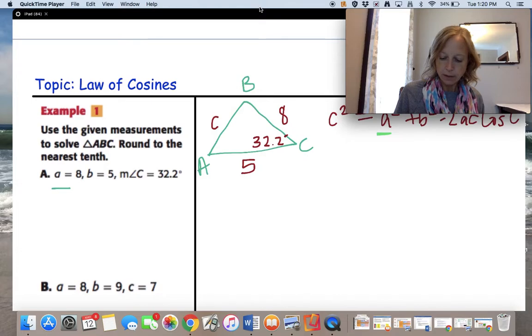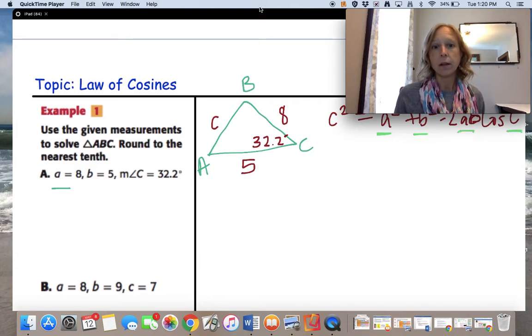We know our side length b is 5. Oh, and I made a mistake when I wrote this down. This should be a b because these 2 letters in the front are the same. Again, we know a and b, and we know that angle measure C.